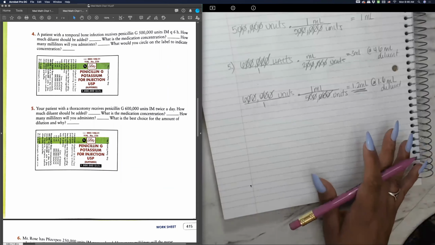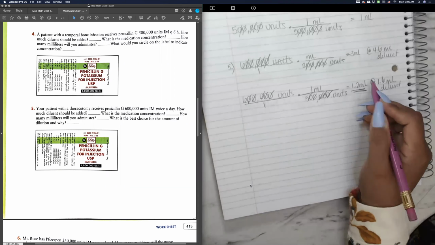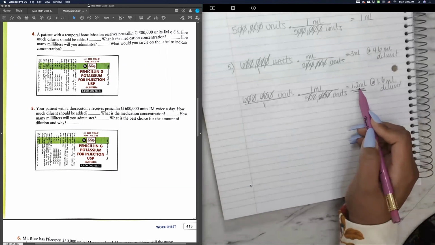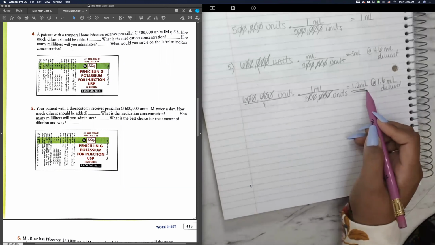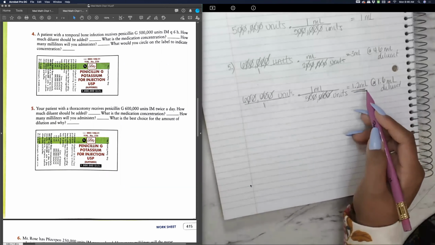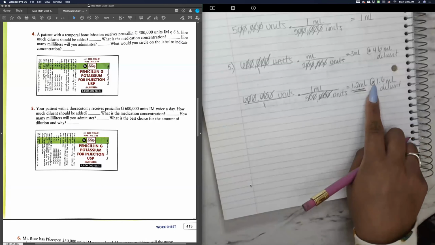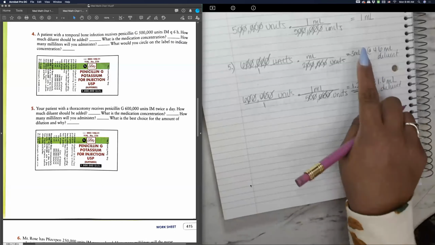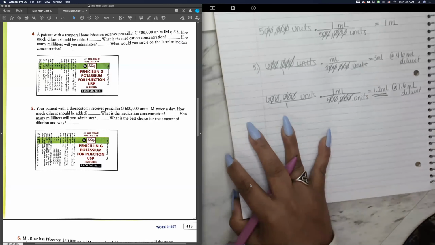Not necessarily. We want to pick what is going to give us the smallest volume. Okay, we want to pick the smallest volume of dose administered. So when we have these options, sometimes you're going to need to compare, right? So I just wanted to give you guys an example.